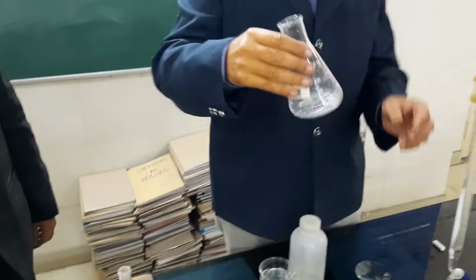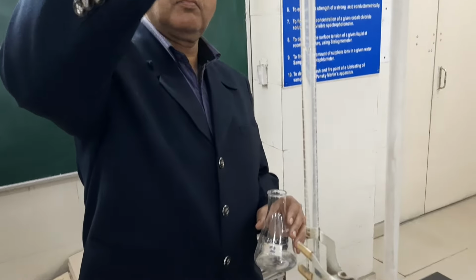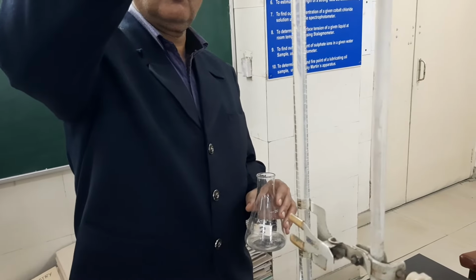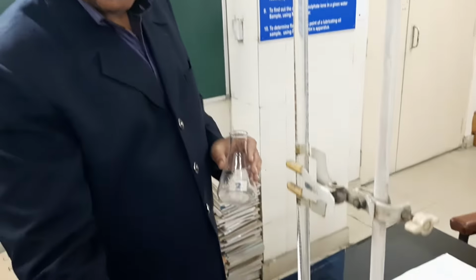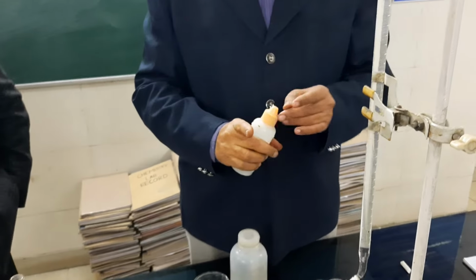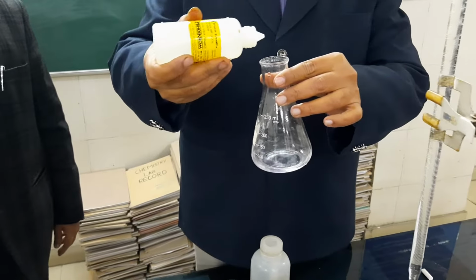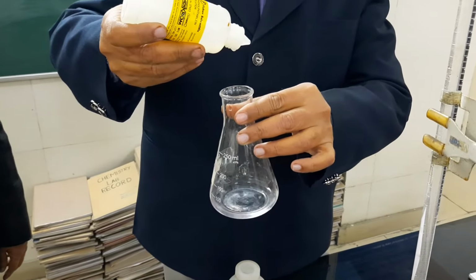Now fill the burette with standard N/10 HCl up to the 0 mark and add 2 or 3 drops of phenolphthalein indicator into the solution.